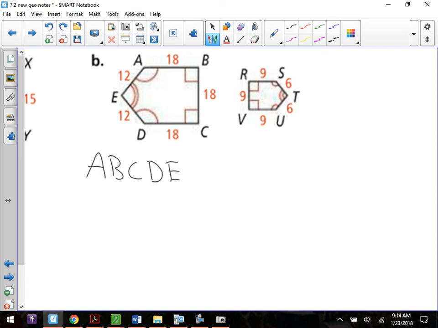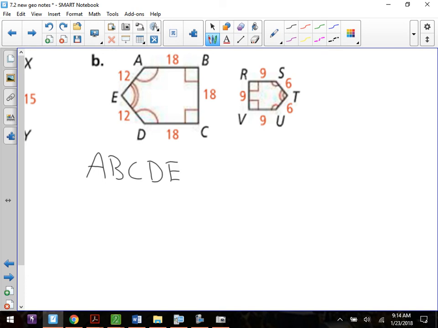I can go S, R, V, U, T, or I can go U, V, R, S, T. Does it matter? It really doesn't, because if you look at the angles here, you have single, right, right, single, double. Single, right, right, single, double. So if I do it that way, you could probably also see that your sides, 9, 18, 9, 18, 9, 18, it's going to be clean.